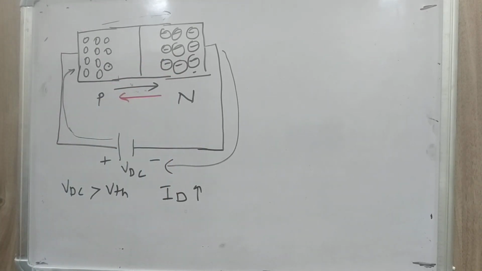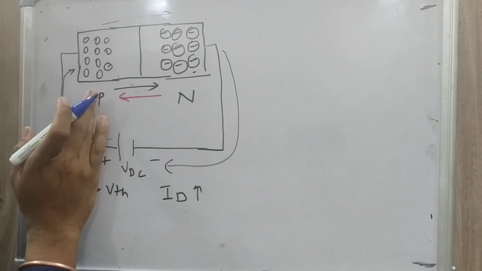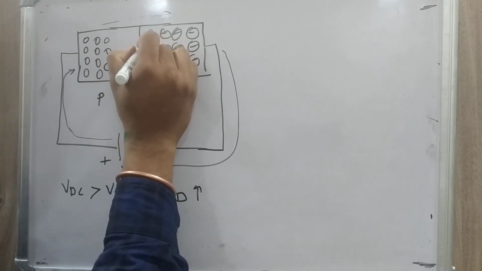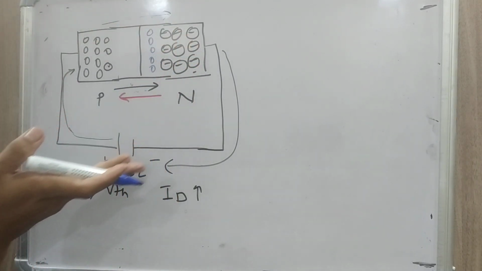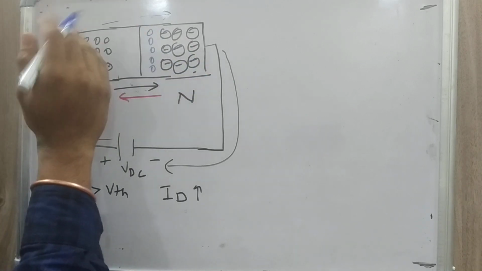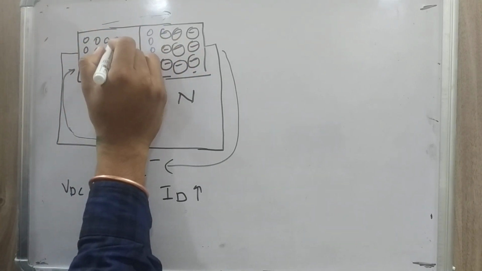So if we take any instantaneous time when the diode is conducting, holes travel from the p region to the n region, and similarly the electrons from the n region travel to the p region.